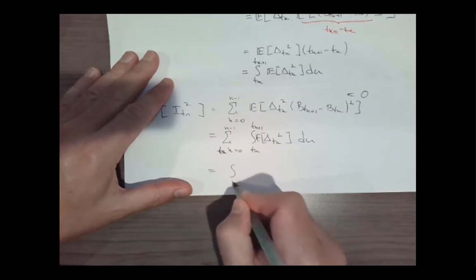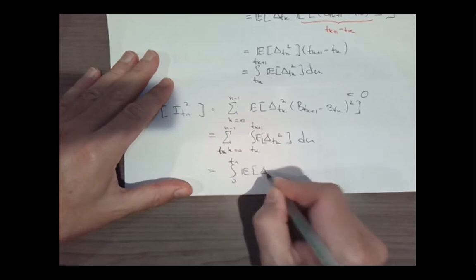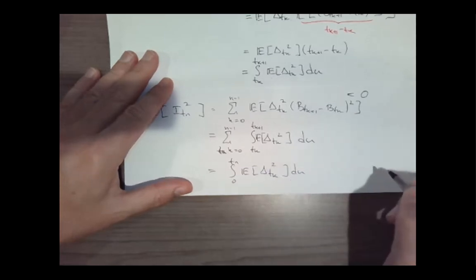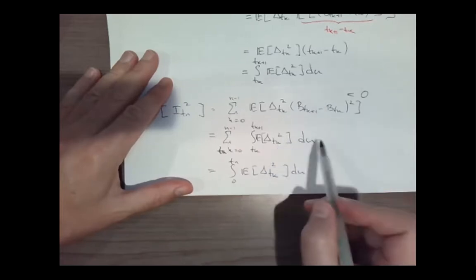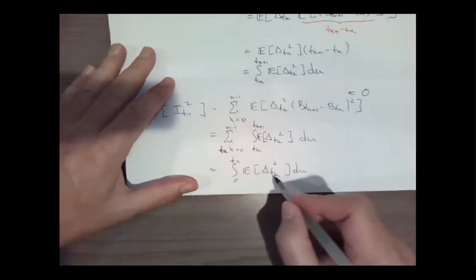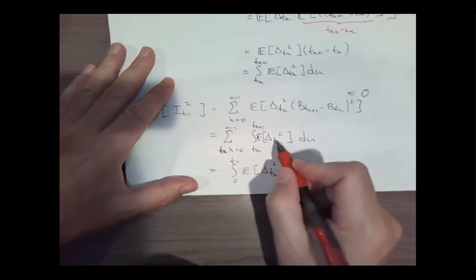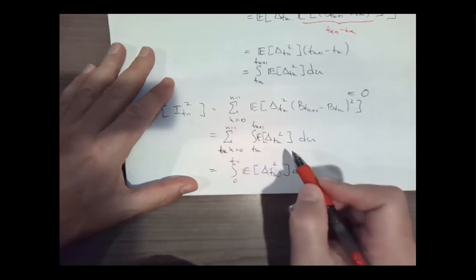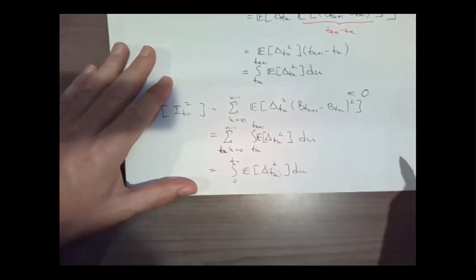I can write this as an integral from 0 to t_n of E delta squared du. I have to be careful with the index down here, because there's no k on the left-hand side. I know that delta here is simple. So on the interval t_k to t_{k+1}, it is constant.